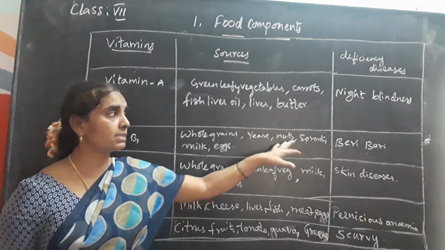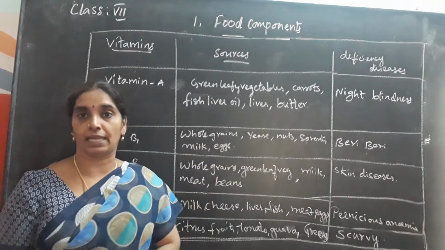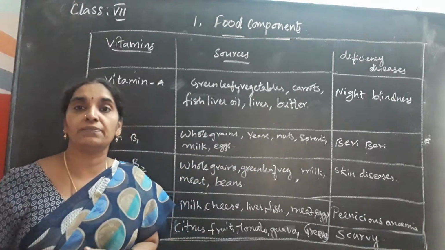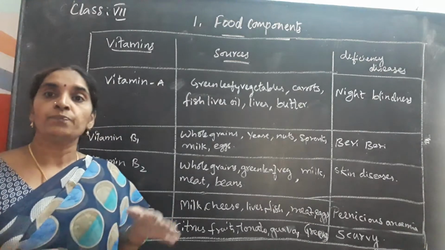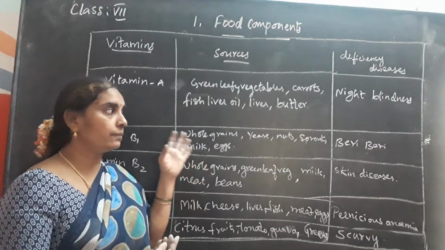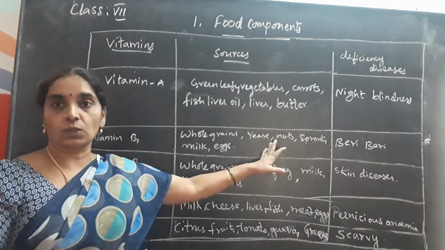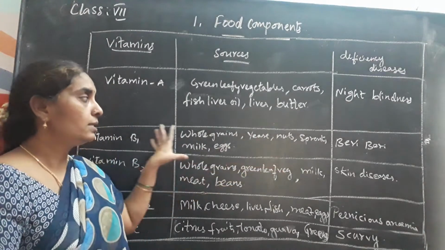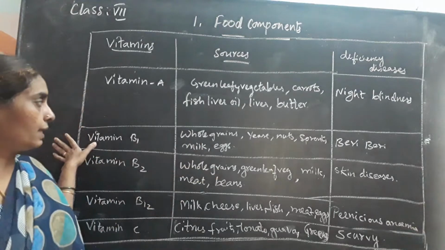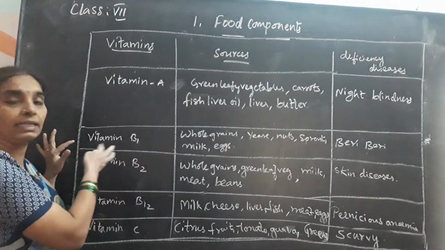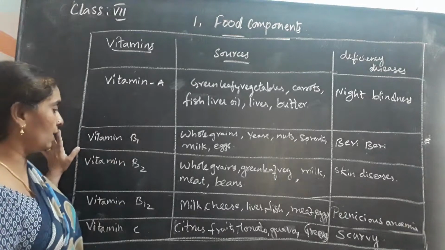So if there is a vitamin B1 deficiency, you suffer from beriberi disease. In order to prevent it, we use these sources in our food. Especially milk and eggs, the animal foods, contain the vitamin B levels.